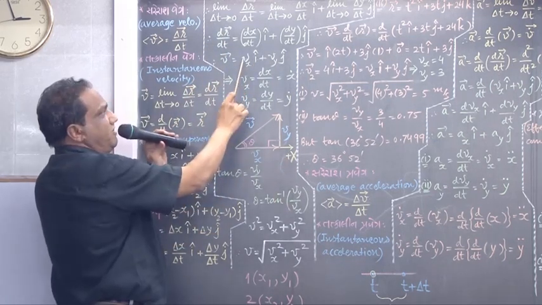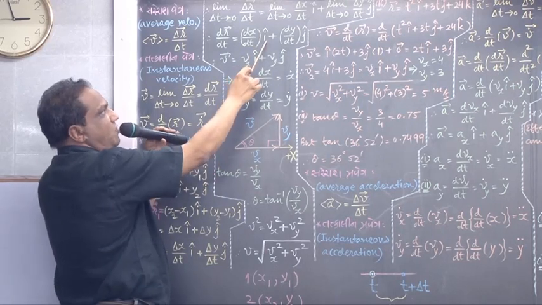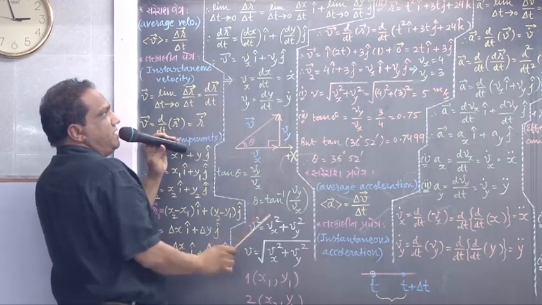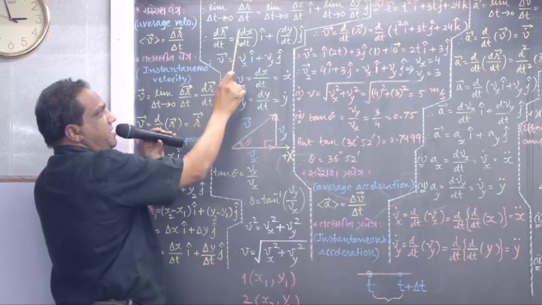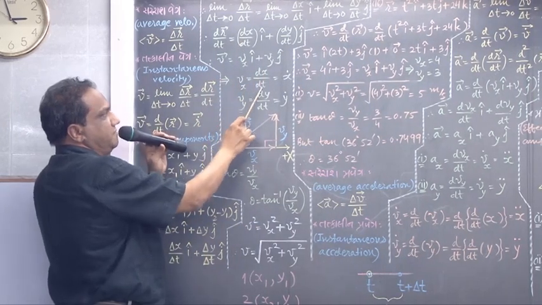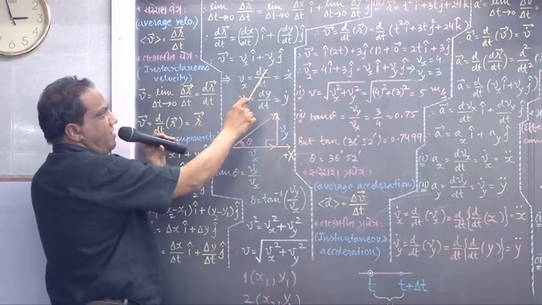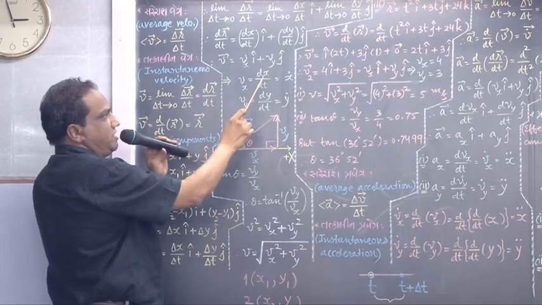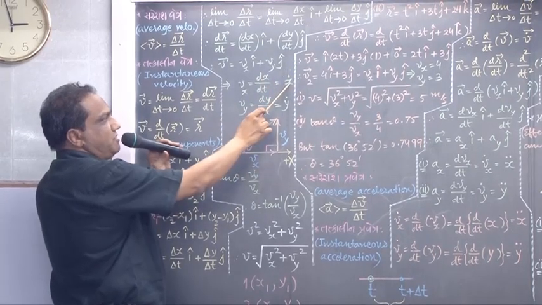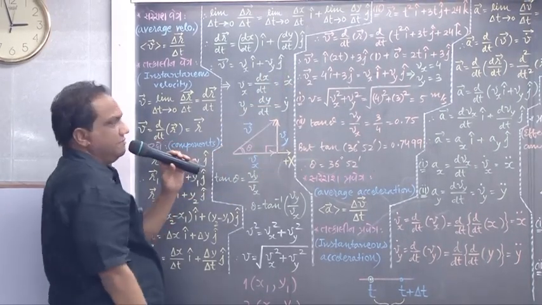Then the coefficient of i hat here is vx, and here the coefficient of i hat is dx by dt. So vx must be dx by dt, that is d by dt of x, the derivative of x with respect to time. You can show it by the symbol x dot.